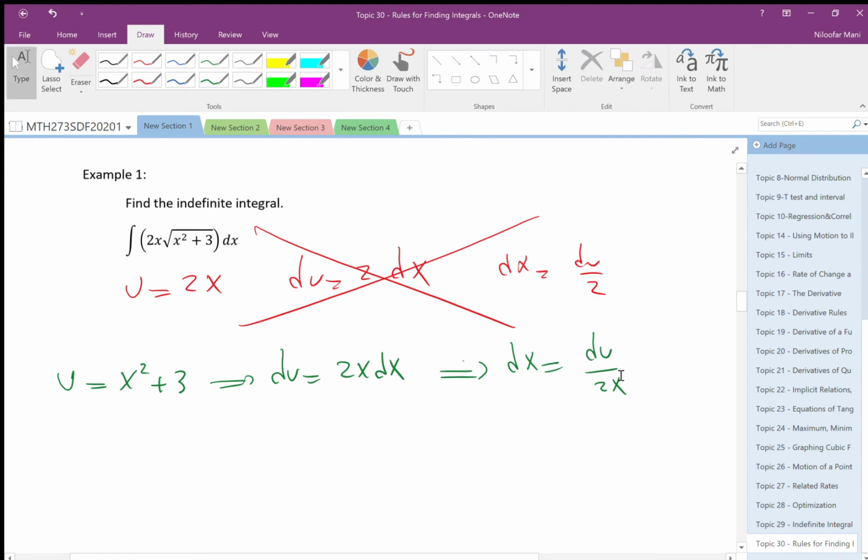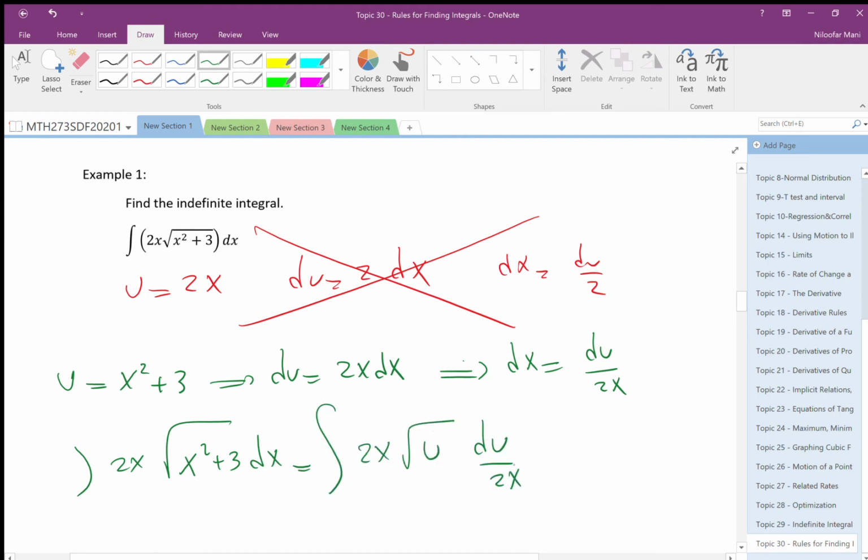Okay, so integral 2x radical x squared plus 3 dx is 2x radical u du divided by 2x. Oh, I can cancel this and this. Okay, so now I can find the answer, right?